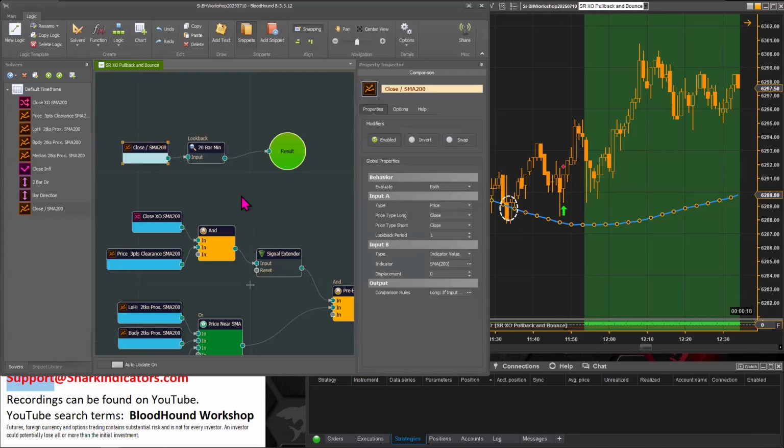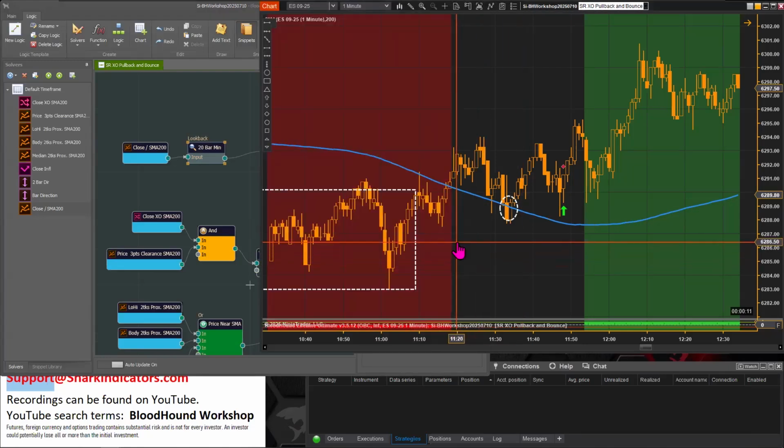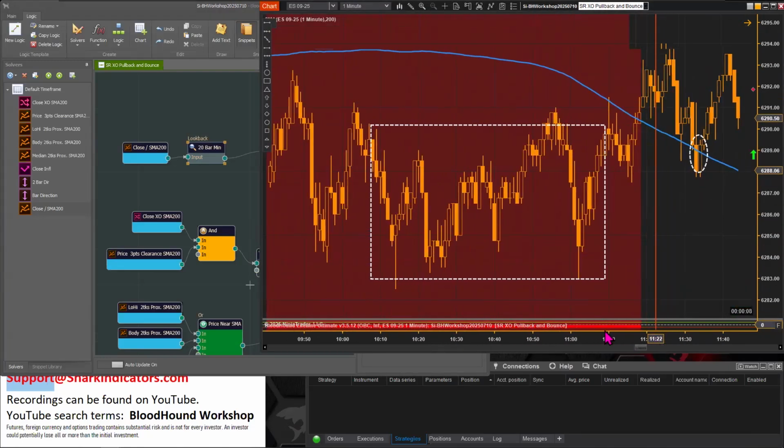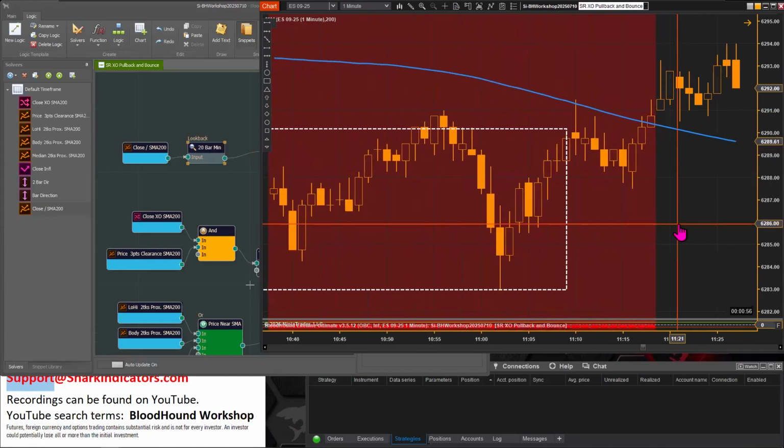And also, remember I said we do need this displacement set to 1 here. The reason why is because of the crossover. We need an output on the bar that actually does the crossover. So let's move this over here.